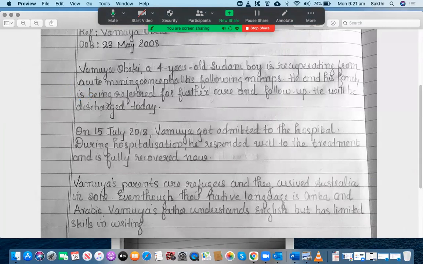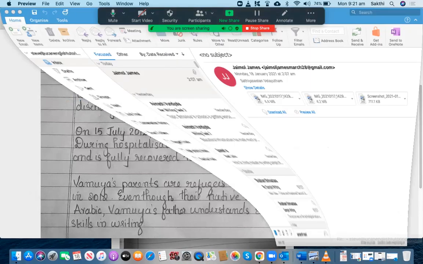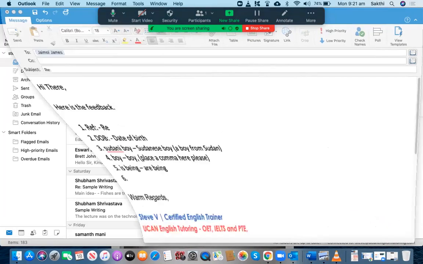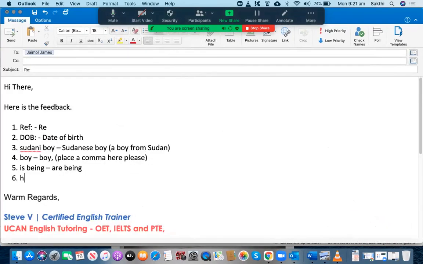For further care and follow-up, he will be discharged today. All right, let's go through this. He will be discharged today. One of the major issues with her introduction paragraph is that she has written only simple sentence structures most of the time.